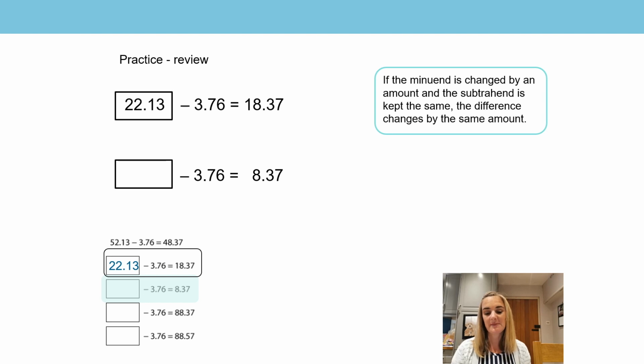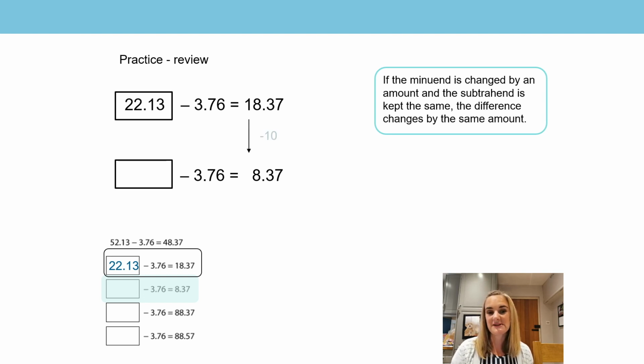So you can see now my top calculation has now changed to 22.13 subtract 3.76 equals 18.37. And now, again, let's have a look. What's the same? What's different? That's right. The subtrahend's the same, the 3.76, but the 18.37, the difference, has become 8.37. So what's happened to that difference?